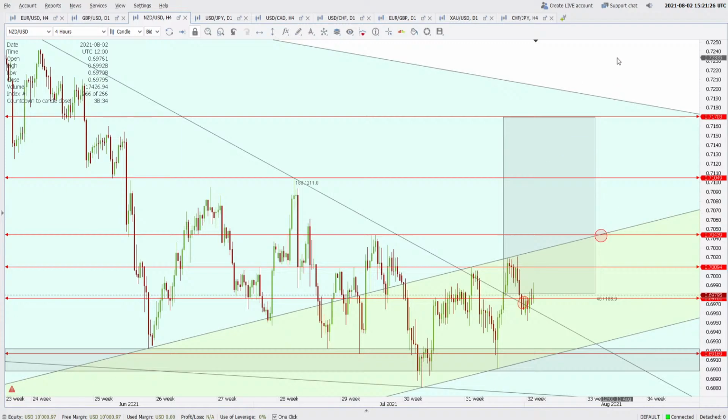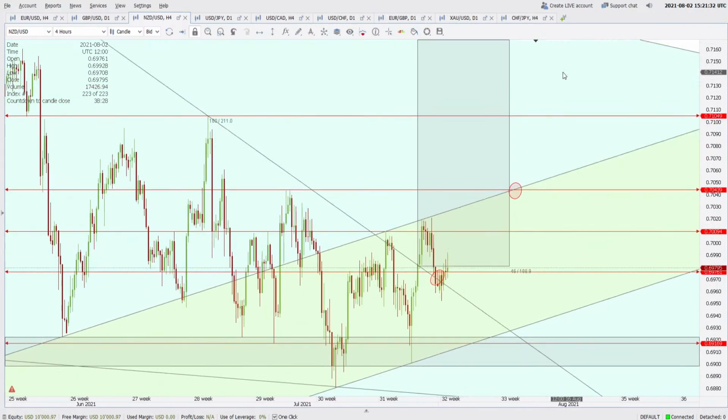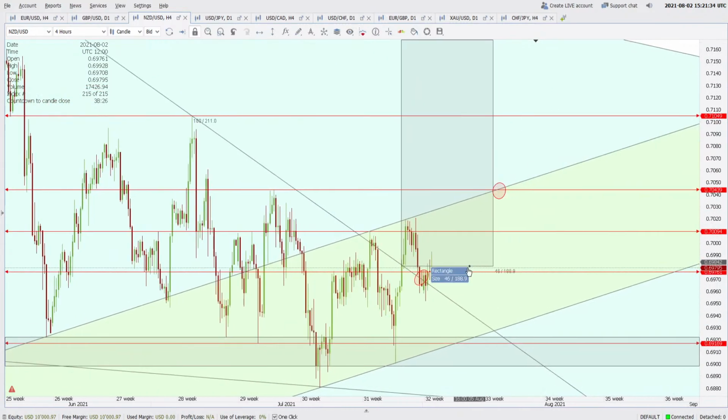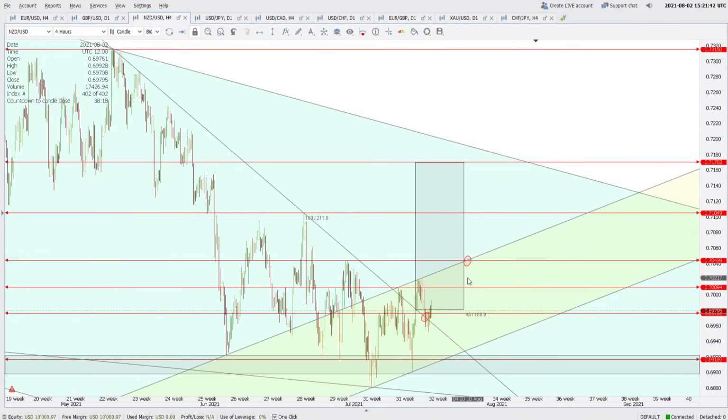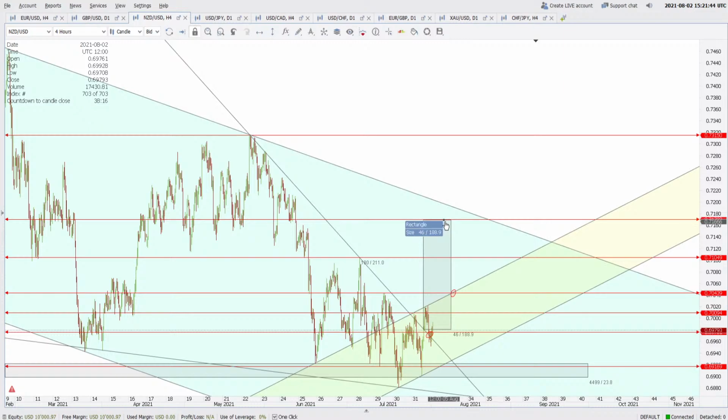But does it mean that you should sell this pair here? No, it does not mean that you should sell this pair here, because this is in an uptrend. It has just broken out of this falling or descending triangle, and we are expecting the price to move actually to this region, 0.7170.